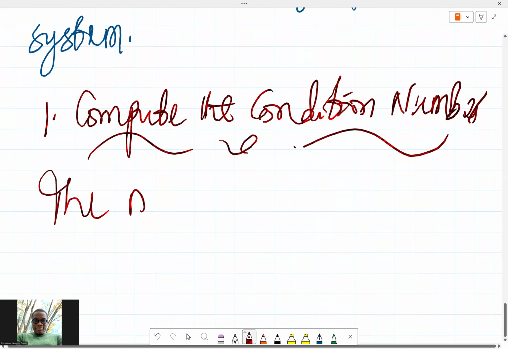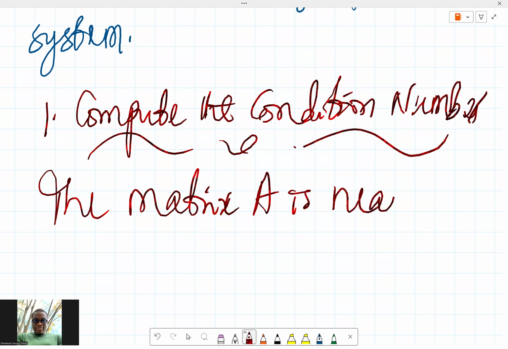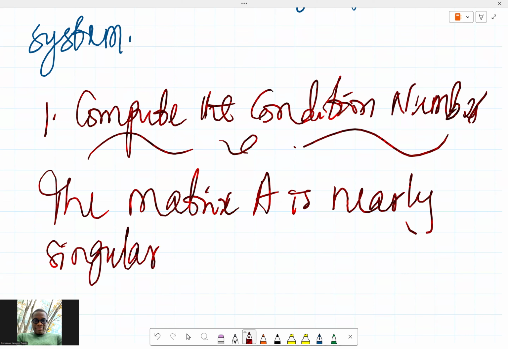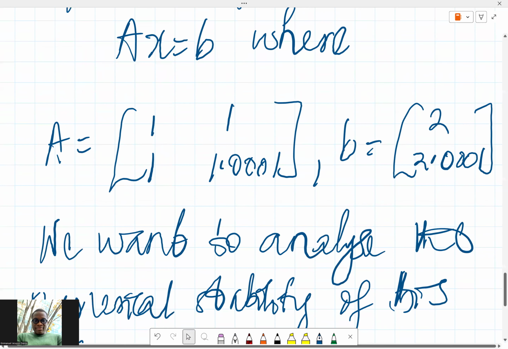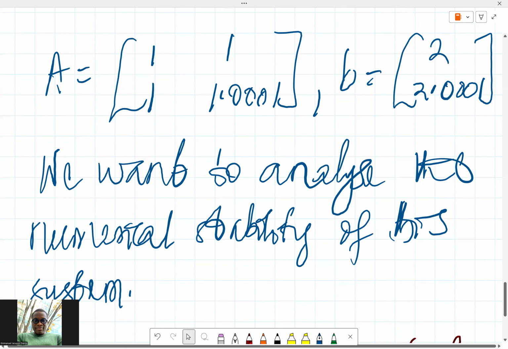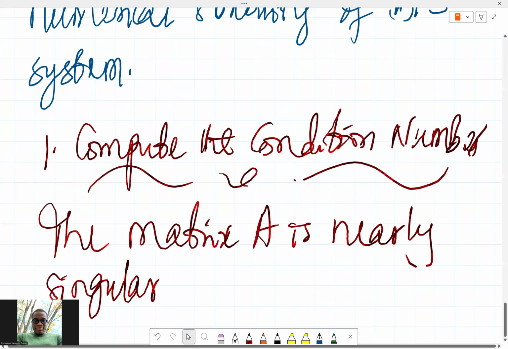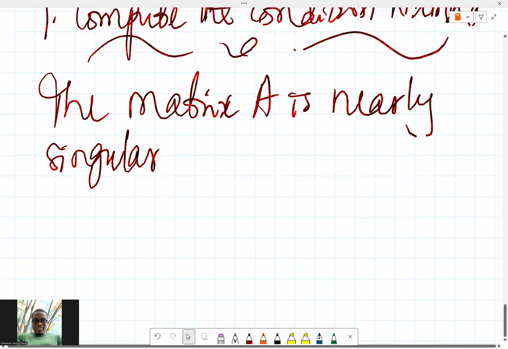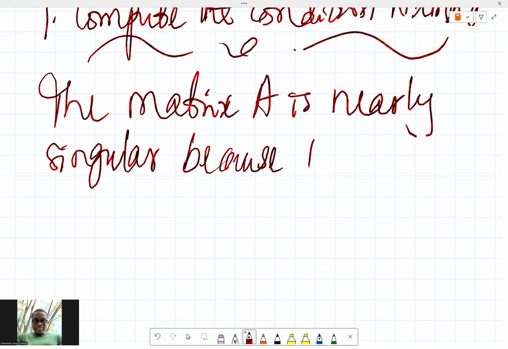The matrix A is nearly singular. The determinant of a singular matrix is 0. If not for the 1.0001, we would have 1 times 1 minus 1 times 1, which is simply 0. So the 1.0001 is what makes it not totally singular. The matrix A is nearly singular because the rows are very similar.